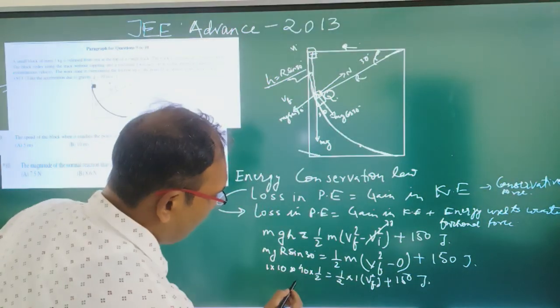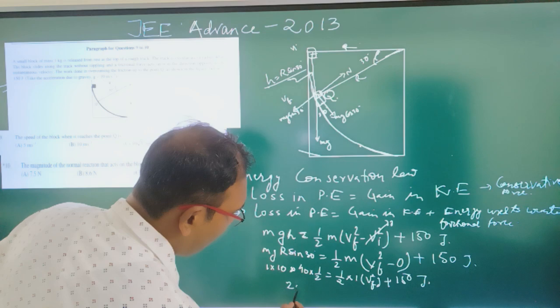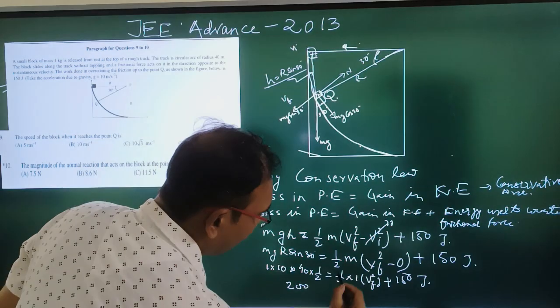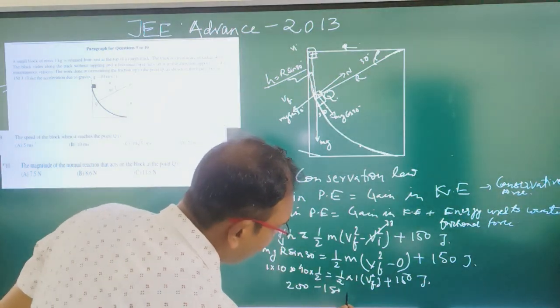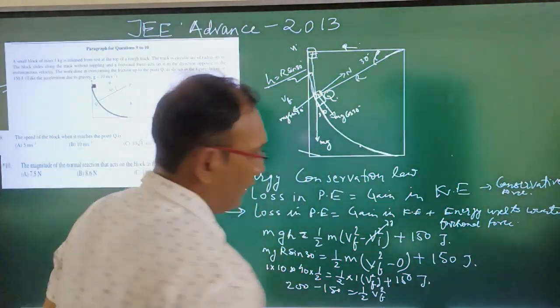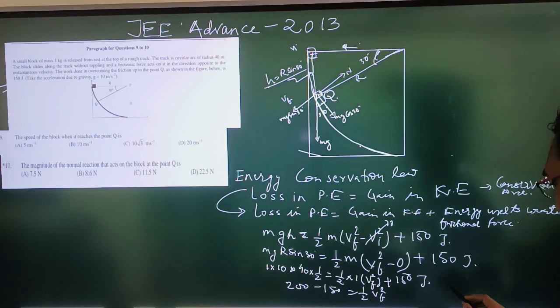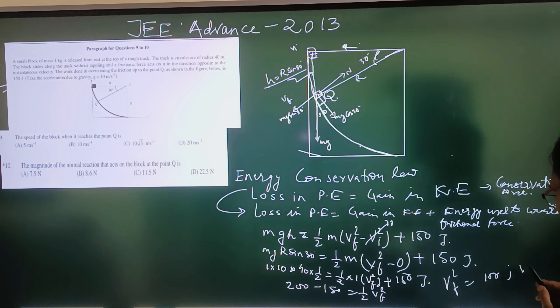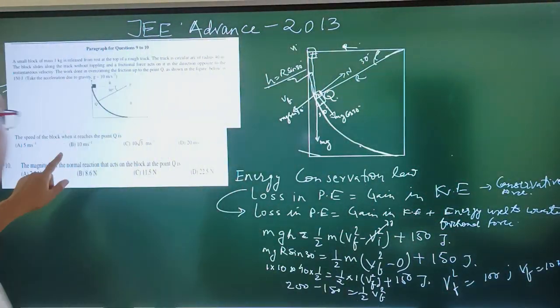So 200 minus 150 is equal to half vf square. If you calculate, vf square is equal to 100, so vf is equal to 10 meter per second. So the correct answer is B.